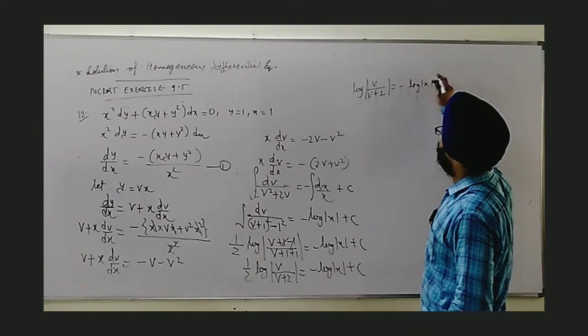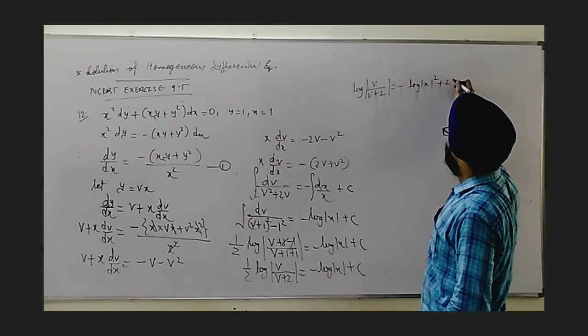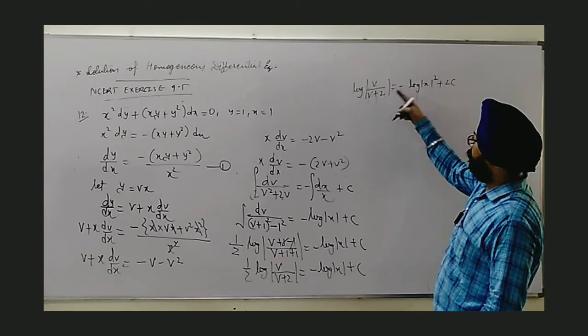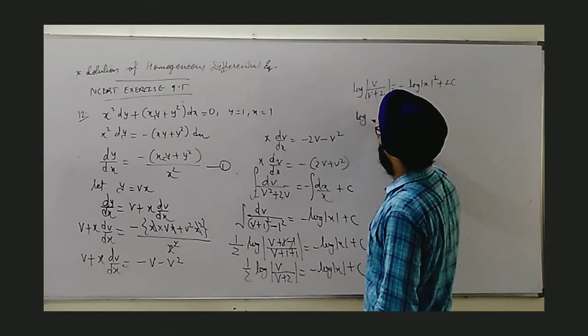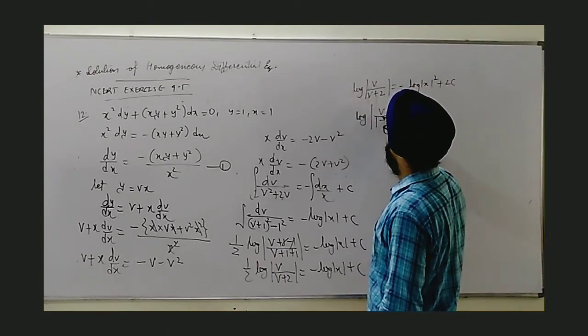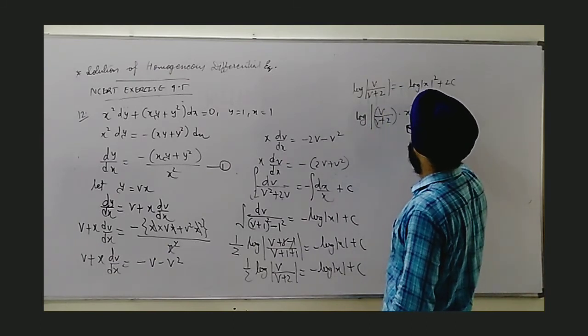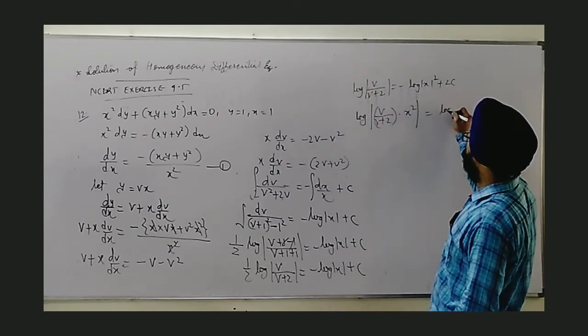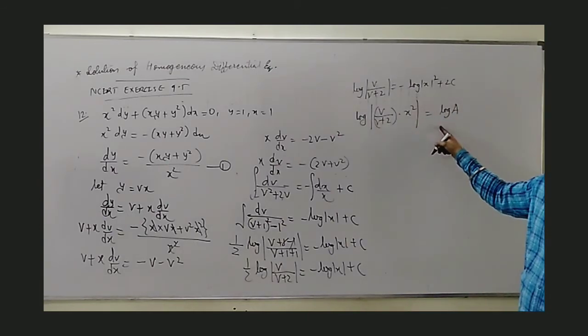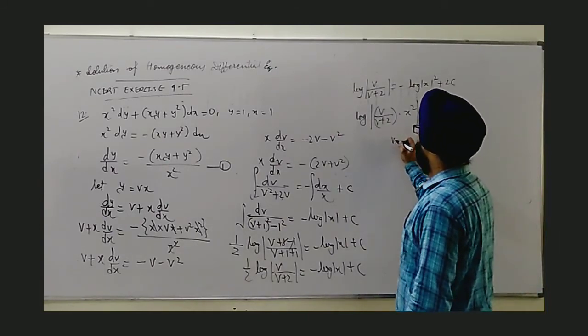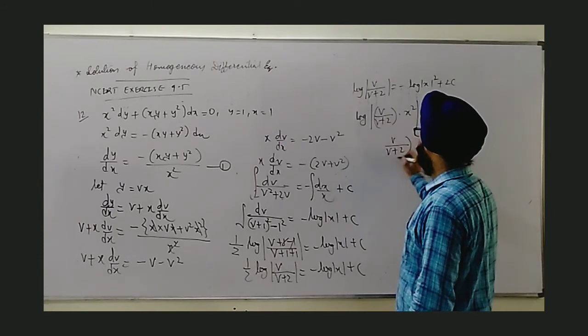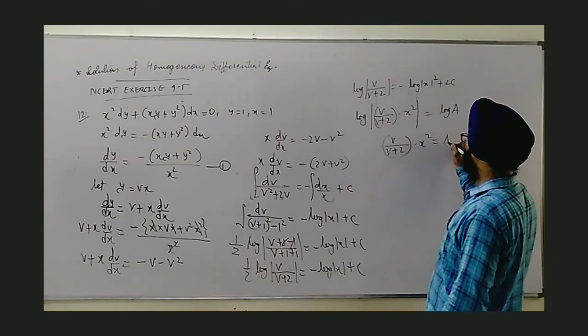So this I will write as x square plus 2c. Okay, and shifted here. So we will find by the properties of log, v plus 2 in the denominator dot x square. Repeating things, there 2c is written as log of a. By comparison, again log is eliminated. We are left with v upon v plus 2 x square equal to a.